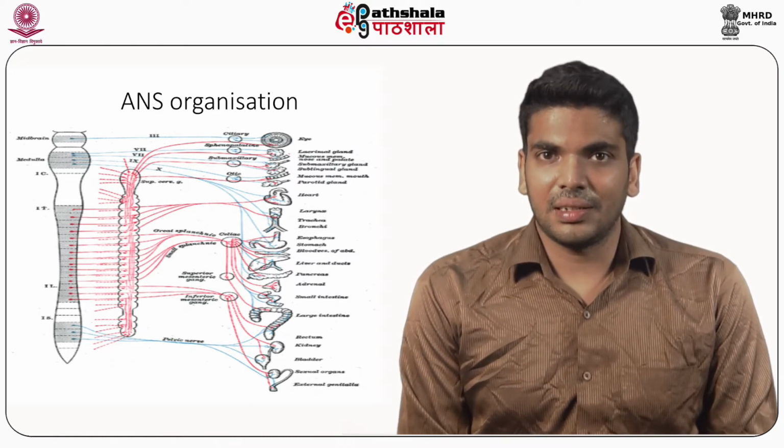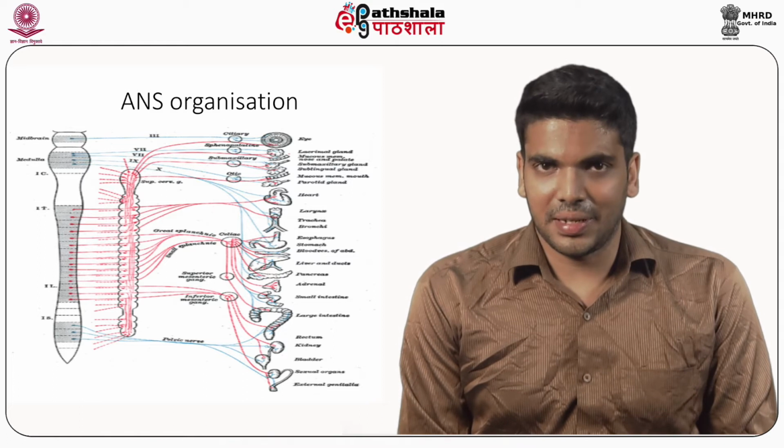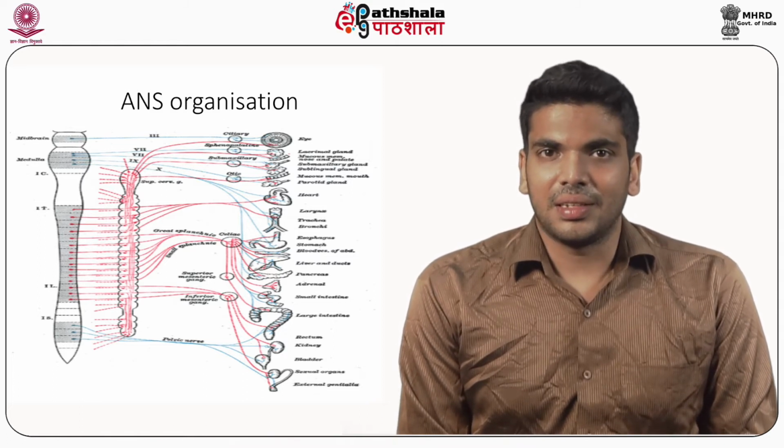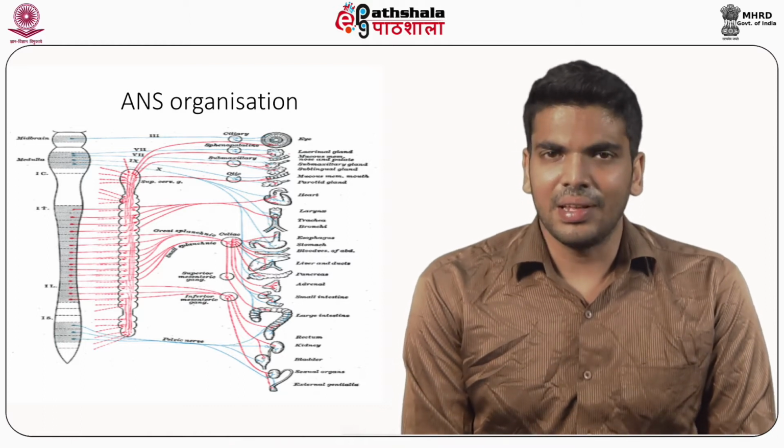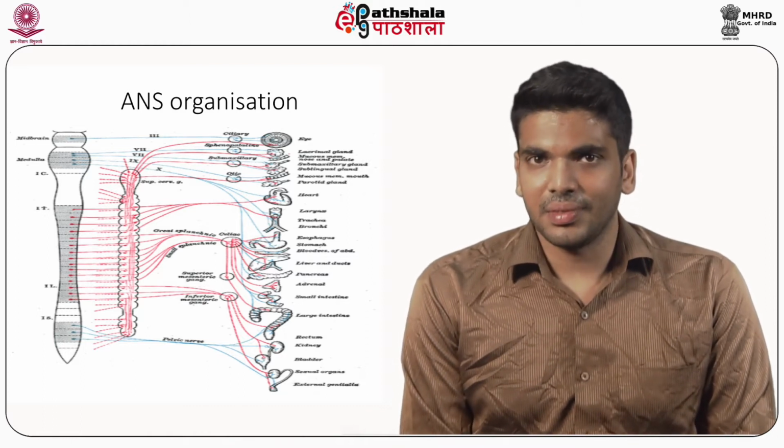Now if we see the neural components of the sympathetic and parasympathetic nervous system, they can be classified as preganglionic, autonomic ganglia and postganglionic, right.